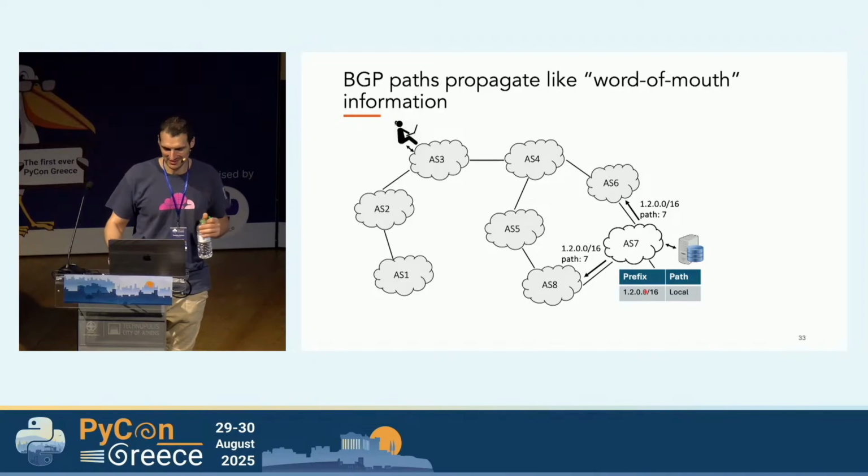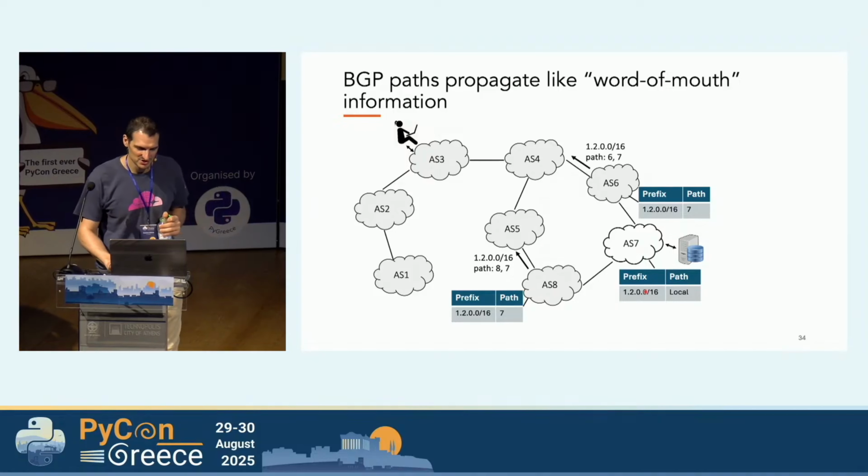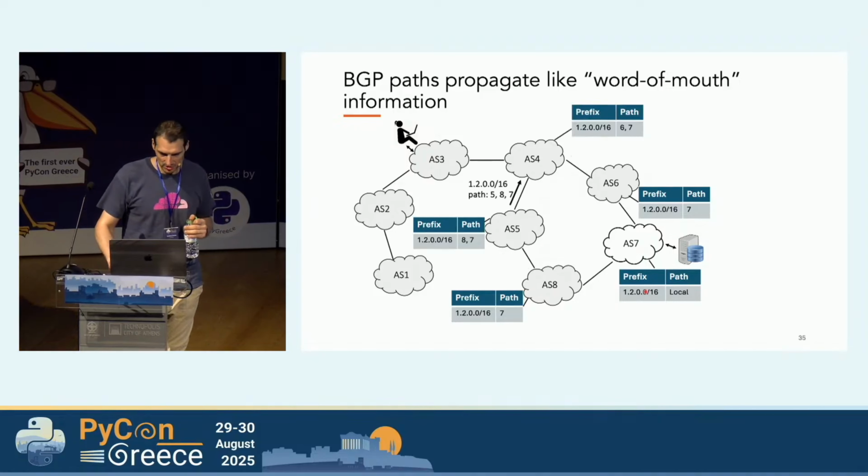This is a BGP update message. The neighbors of this AS will take this update, will create a routing table, put in this information, and it will propagate this information to their own neighbors, and so on. So this information will go through the network, and at some point we have ASes, autonomous systems, with more than one route.